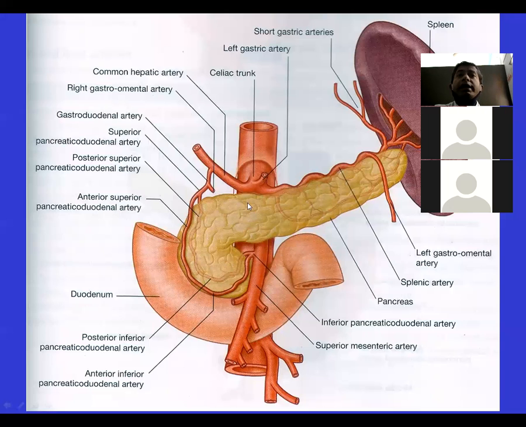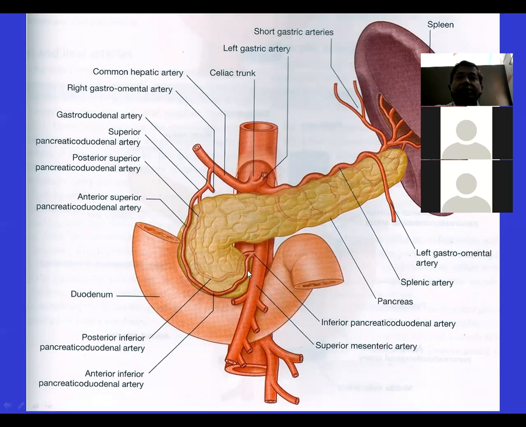Also, it receives arterial supply from the pancreaticoduodenal arteries. So this is the superior pancreaticoduodenal artery, and this one, where I am moving the cursor, is the inferior pancreaticoduodenal artery.